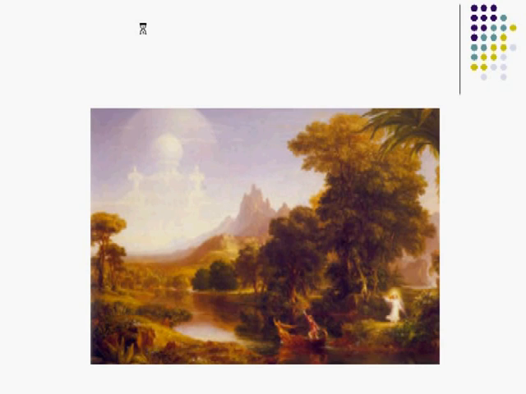This is the second in Thomas Cole's series. And here you can see the young man, the angel has left the young man, and he is confident, and he's got his firm hand on the tiller, and the water appears smooth, the path appears straight, and there looks like there's this beautiful future up ahead.